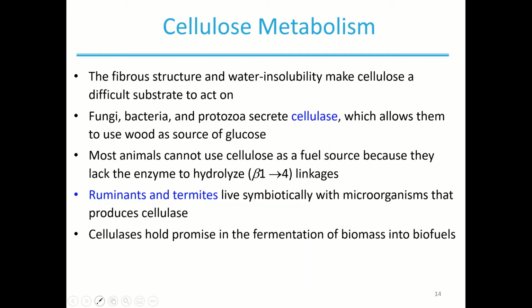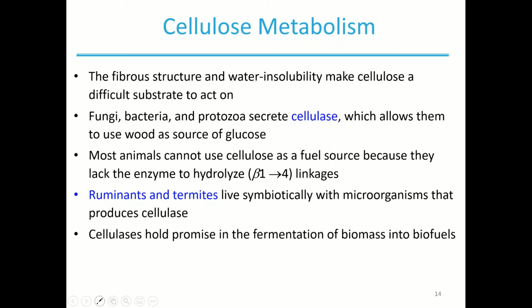Cellulose makes a very fibrous, strong, tough structure in plants. It's very water insoluble, and it's difficult for enzymes to act on. Certain fungi and bacteria in lower life forms have an enzyme called cellulase that allows them to use wood or other fibrous plant matter as a source of glucose.